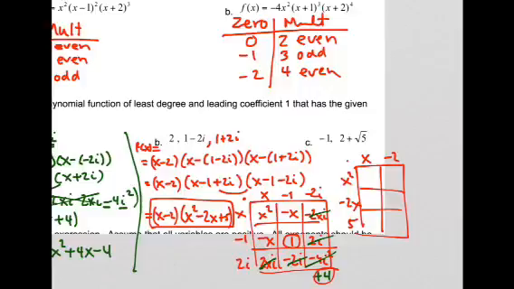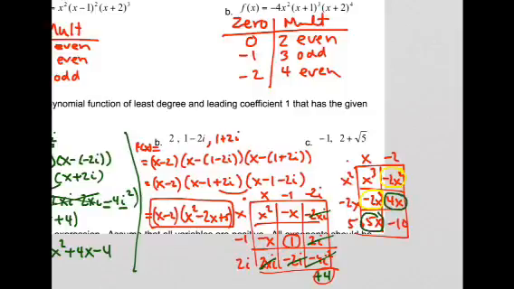I'm going to multiply, so this is x cubed, negative 2x squared, negative 2x squared, 4x, 5x, and negative 10. So these two combine, and these two combine.